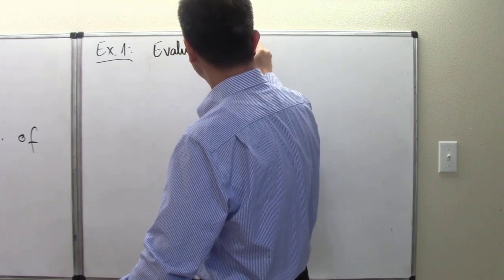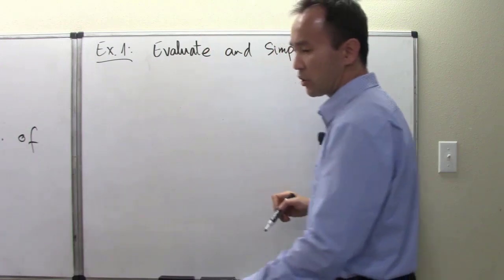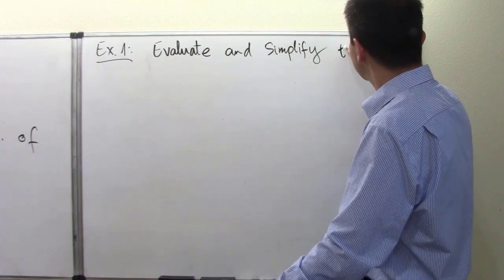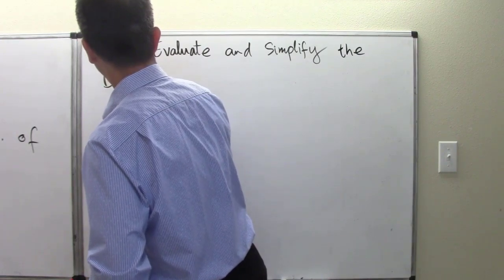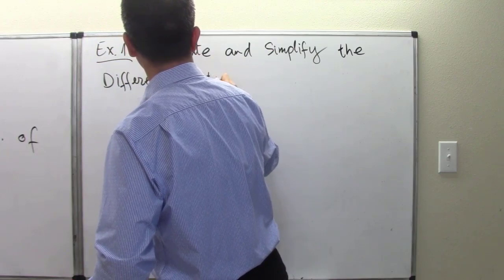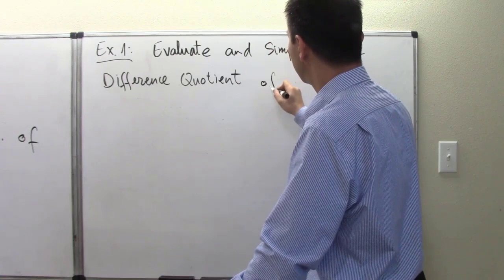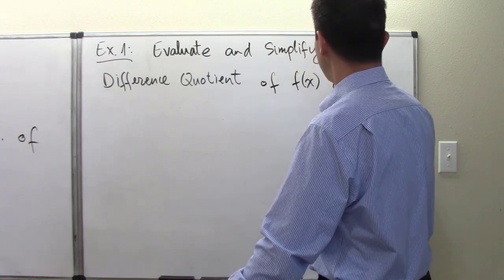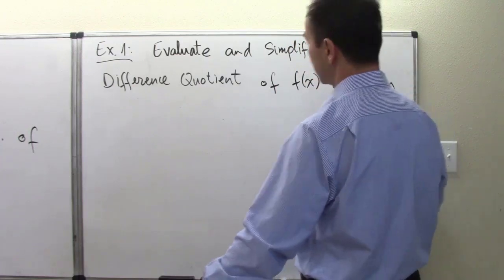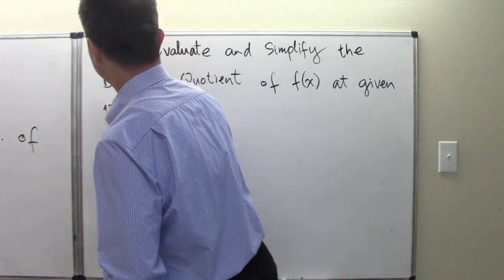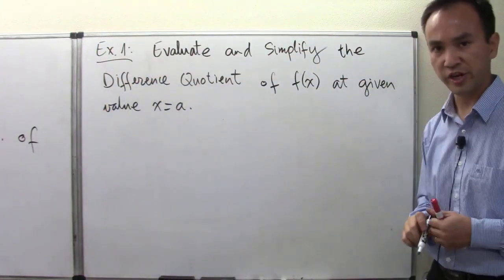Evaluate and simplify, just like how we were doing the problem earlier. Evaluate and simplify the difference quotient of f of x at given value x equals a. So that's just a general instruction right here.